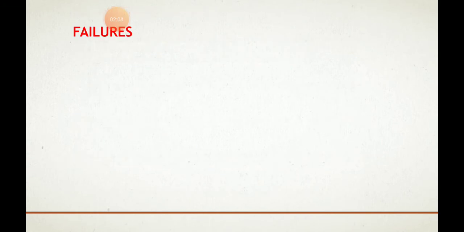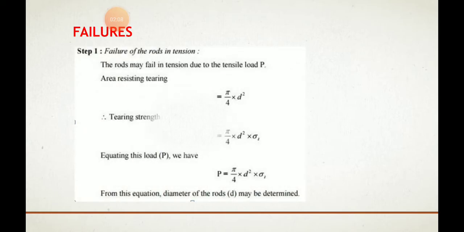Let us start with the failure of the quarter joint. First, the failure of the rod in tension. As I told you, it is subjected to either tensile stress or compressive stress.